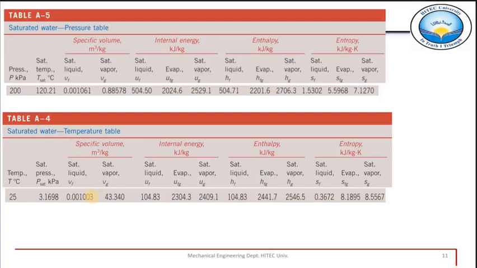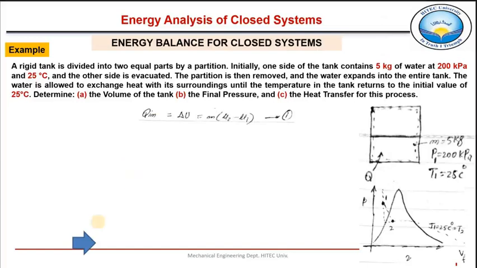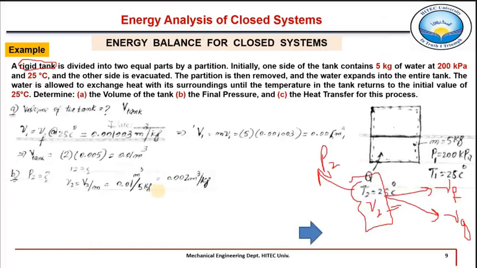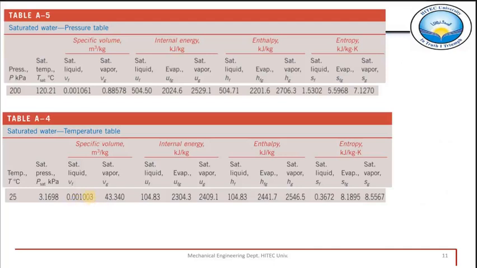So our volume is 0.00. Let's go back. 0.002. So 0.002 is greater than this value and lower than this value. So 0.001002. So it is a little higher than this Vf and definitely smaller than Vg.